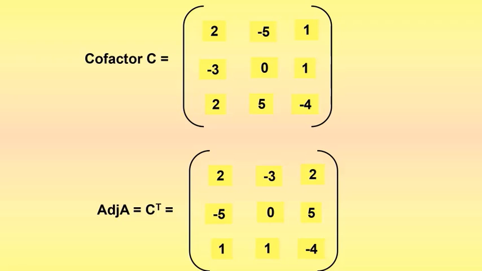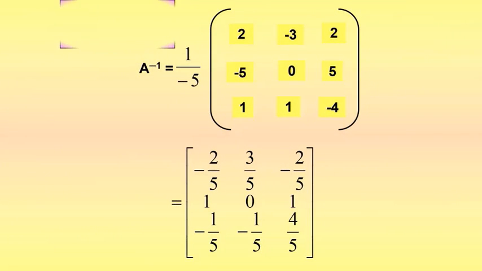Okay, this is our adjoint matrix for matrix A. And for the inverse, just substitute in our inverse formula, 1 over determinant A times adjoint A. So we have this is our inverse of A.